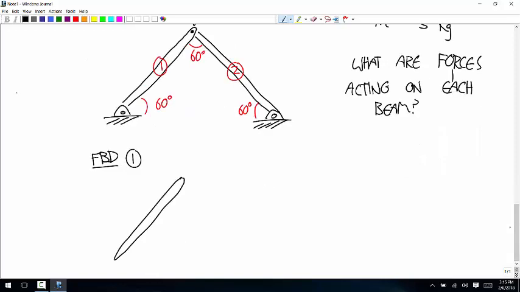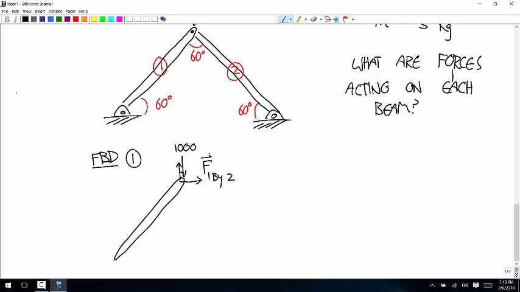So what loads are applied? There's the 1,000 Newton force here. That's arbitrary. I could have said that the pin was part of member two, and then that 1,000 would have appeared on member two instead, and in the end, all the numbers will come out exactly the same. It's kind of cool how it works. And then there's a contact force between body one and body two. So I'll call this the force on one by two.